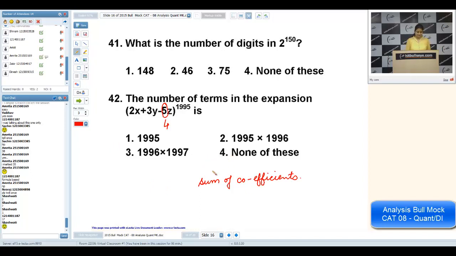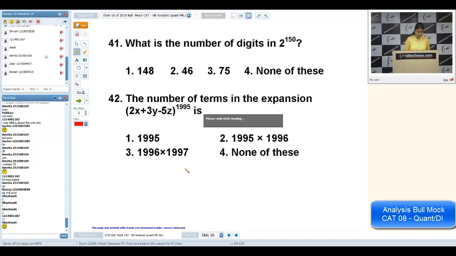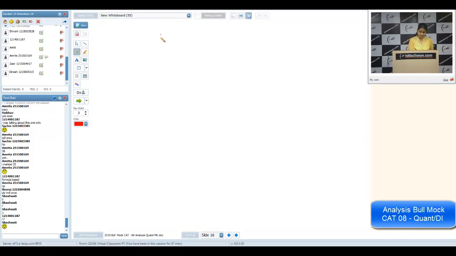Okay, now I'm coming to the original question. It says the number of terms in the expansion. Neeraj, it was your problem. Are you comfortable in this equation? Actually, I want to tell you the concept used here. I don't want to write the straight formula.